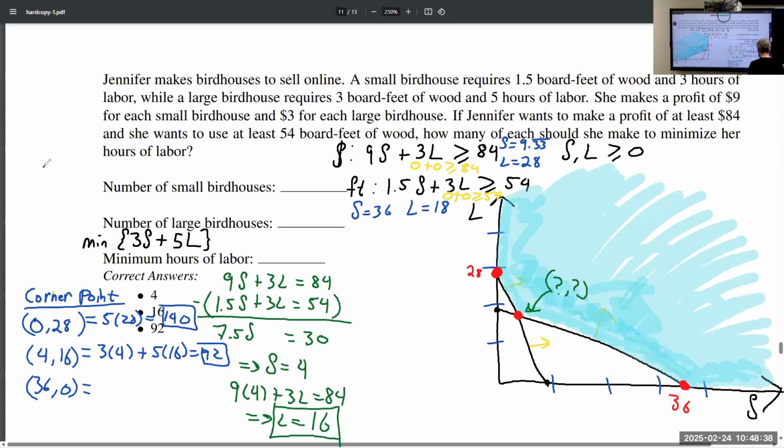And 36 times 3 plus 5 times 0. Okay. So we wanted to minimize it, and that looks like it's 92 to me. So the minimum hours would be 92, and that occurred with 4 small birdhouses and 16 large birdhouses.